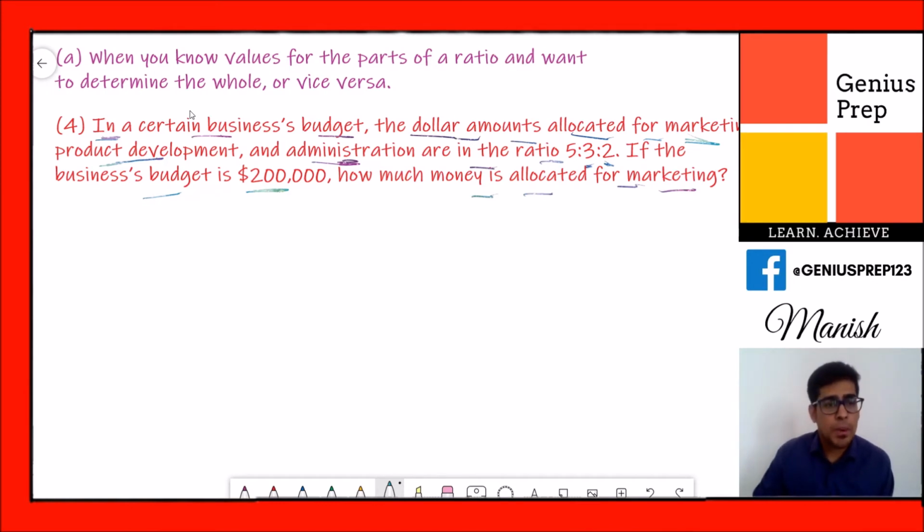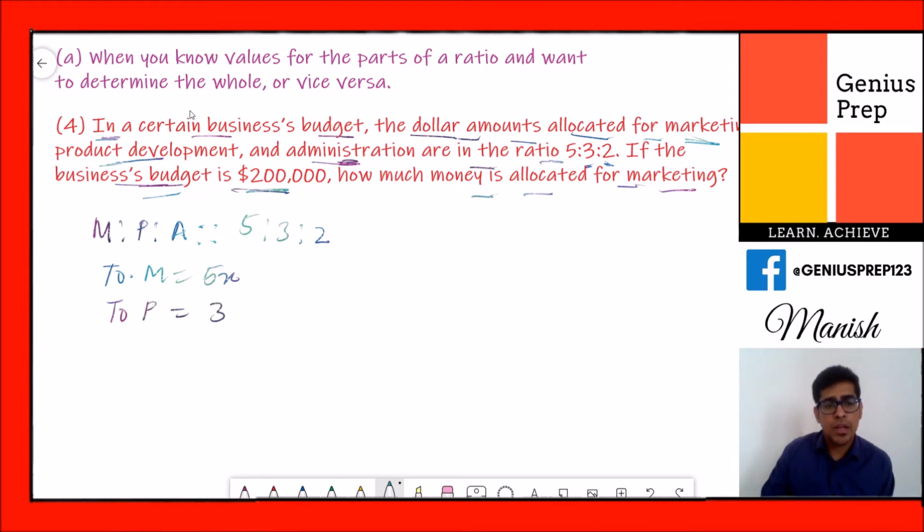So it's very simple. It says marketing is to product development is to administration. What is the ratio? 5 is to 3 is to 2. And the total budget is given: $200,000. So we can consider the total amount for marketing is 5x, for product development is 3x, and for administration is 2x.